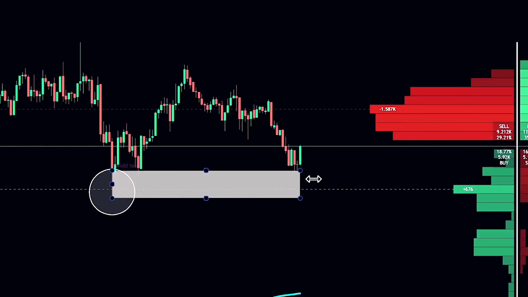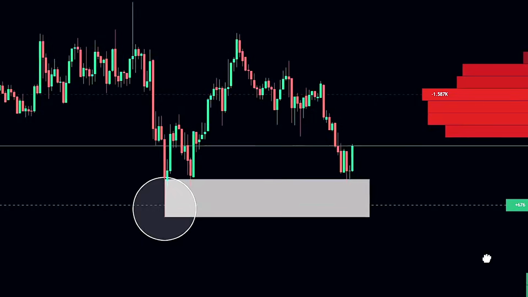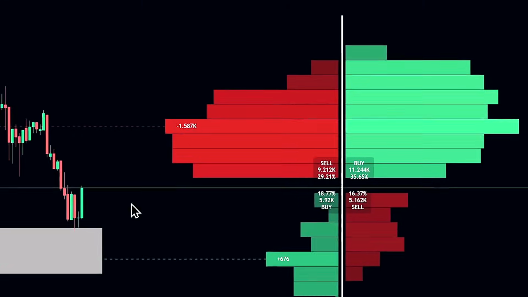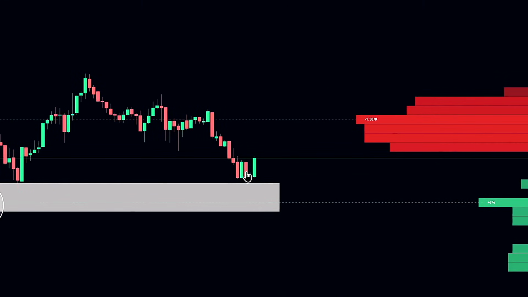Next, we check the volume percentages. Since we're relying on buy-side volume, we want the buy percentage to be higher than the sell percentage. As you can see, that condition is met. Now we wait. Price pulls back, taps into our zone, and then we'll look for bullish continuation, ideally an engulfing candle.